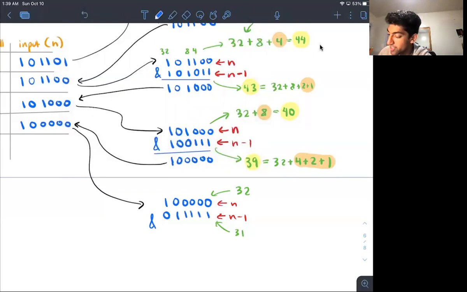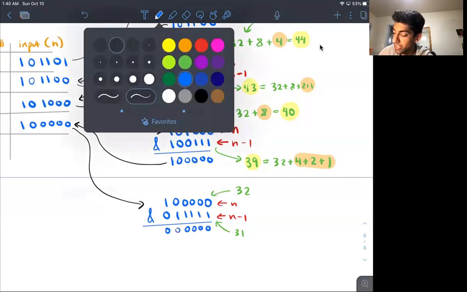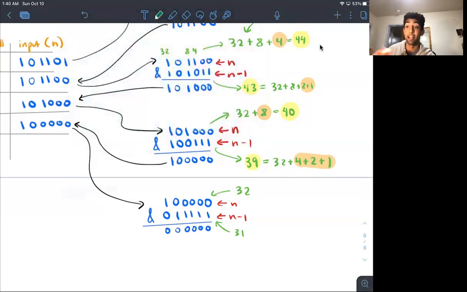Okay, so now what's really cool here is when I do this final AND operation, notice that all the bits become 0, right? Because when I look at both halves of this number, notice that these are all different, and we can just draw the green line right here.